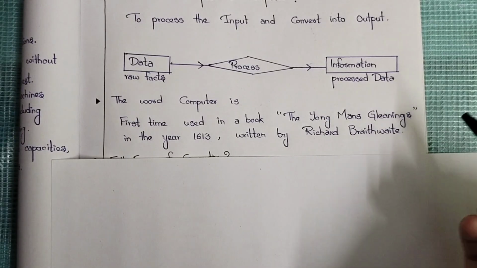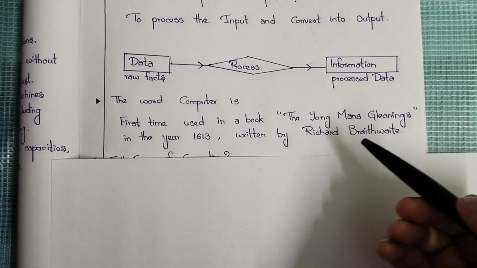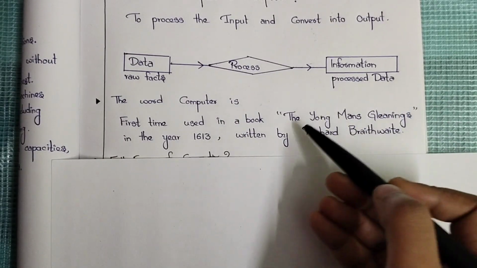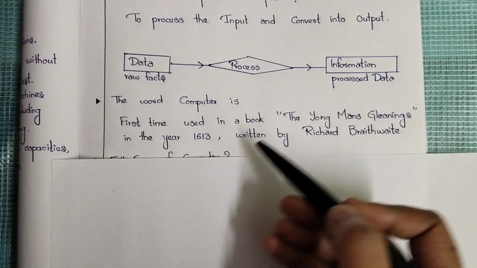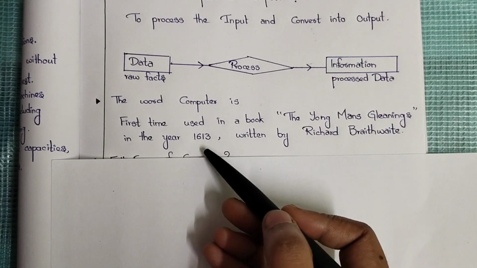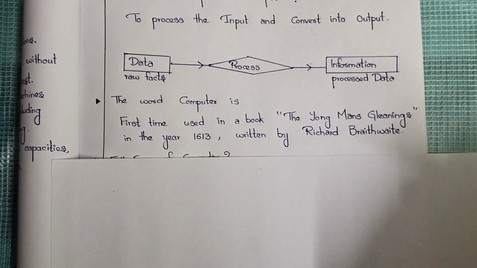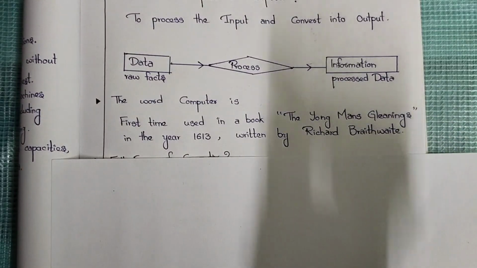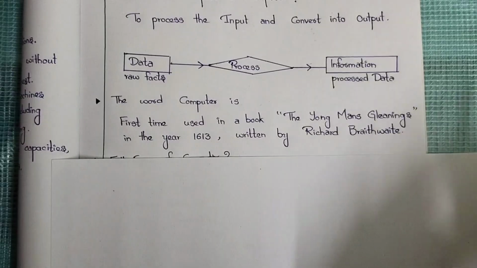I don't know if I'm pronouncing it right. Let's say Richard. Richard wrote this book, The Young Man's Gleanings, in the year 1613. In this book, for the first time, the word computer has been used.